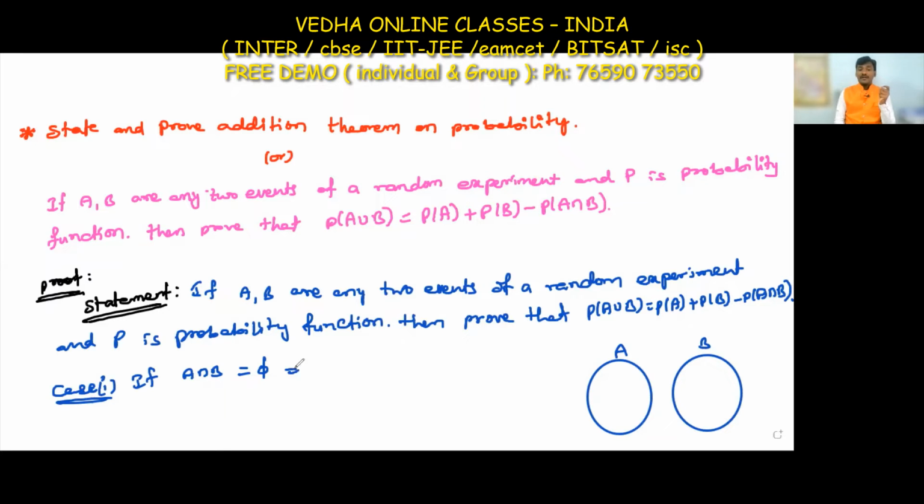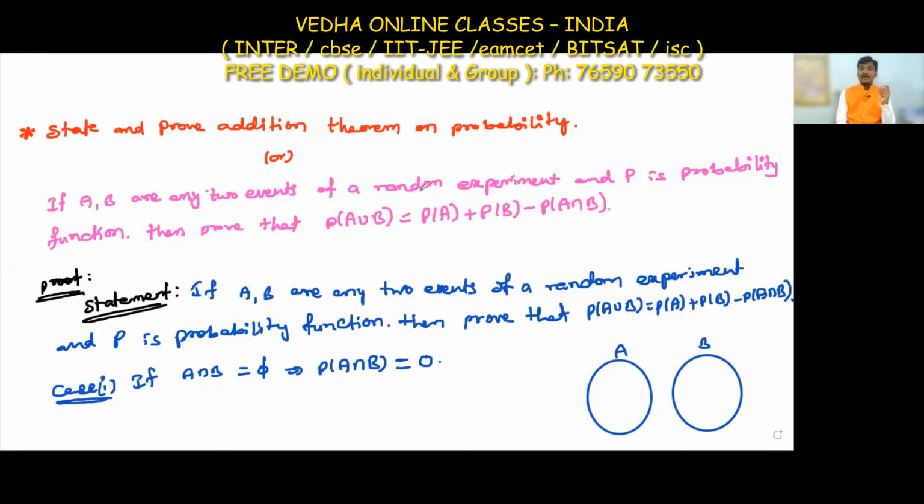So what is the probability of A intersection B? Probability of A intersection B is equal to probability of phi. When there are no elements in common, what is the probability? Probability is 0. Whenever the sets are disjoint, the probability is always 0.